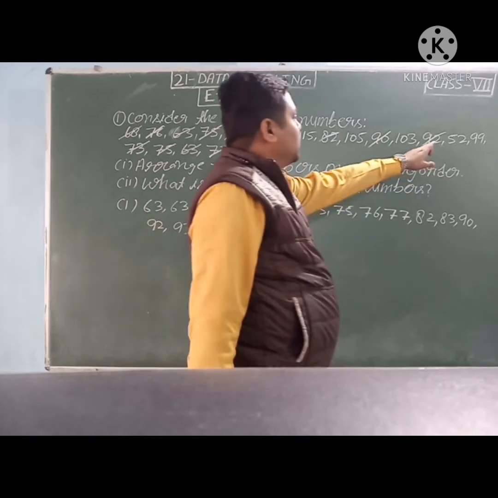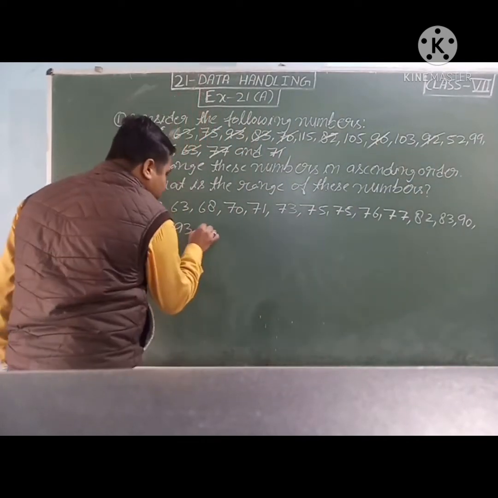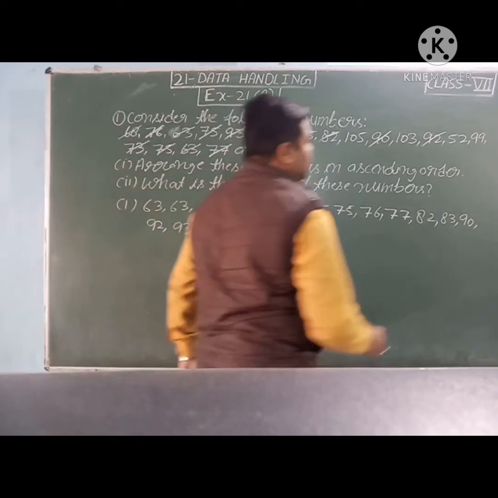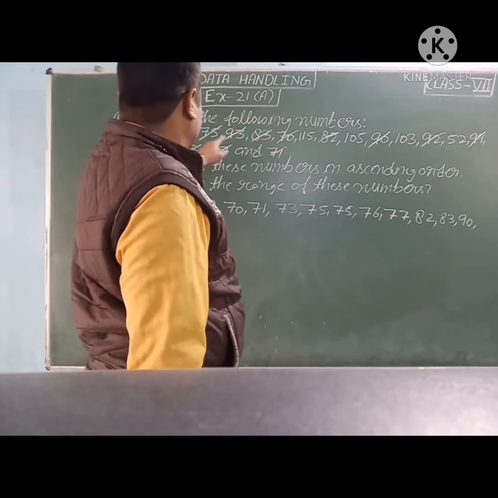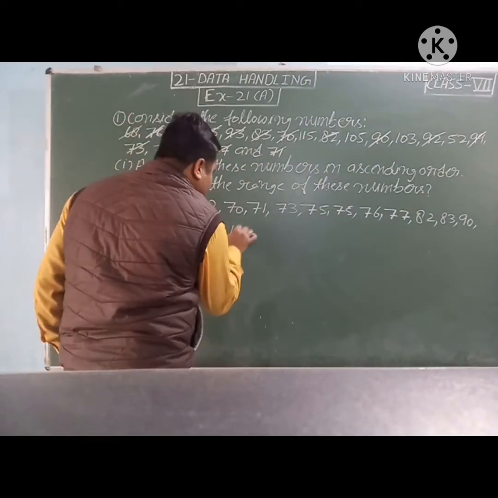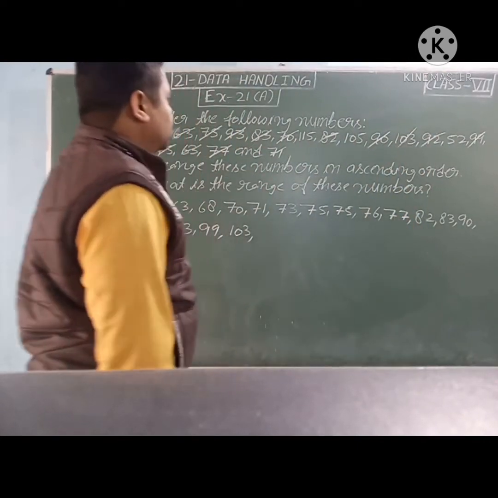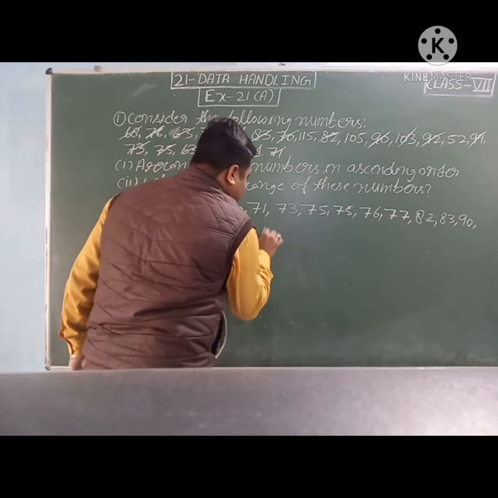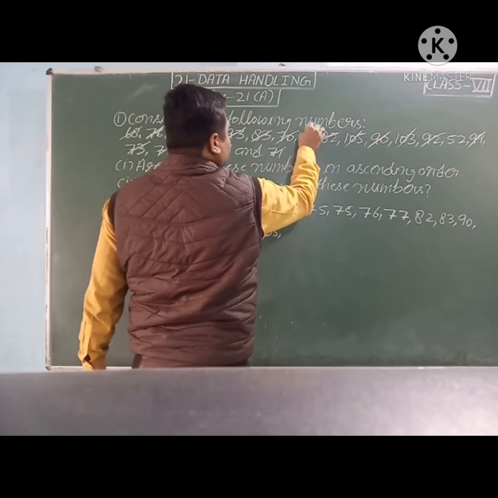Students, see 99. We will take 99 and cut this 99. Now which number? 103. Cut this 103. Then 105. Then 150.